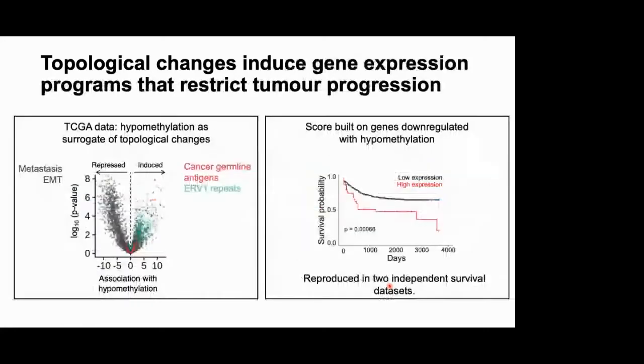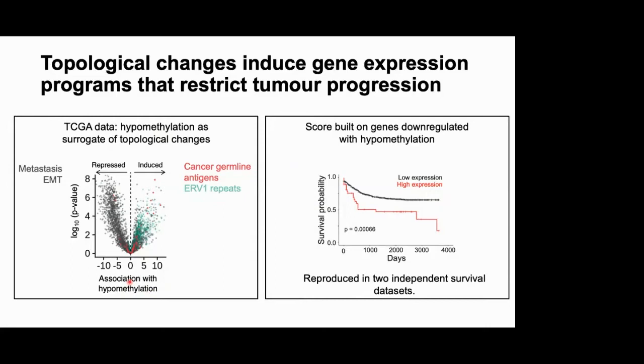Now, we then ask, why are we seeing these changes? Since we have this nice link between hypomethylation and changes in compartment structure, we used the TCGA data to associate hypomethylation, as a surrogate of topological changes, with changes in gene expression.